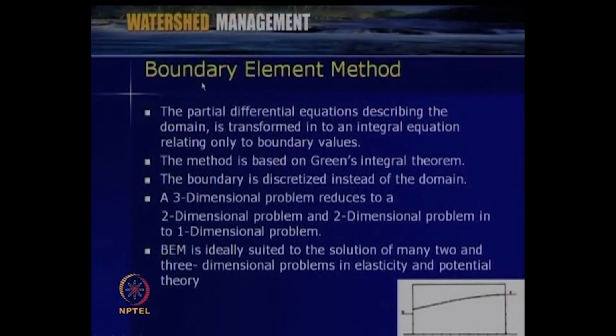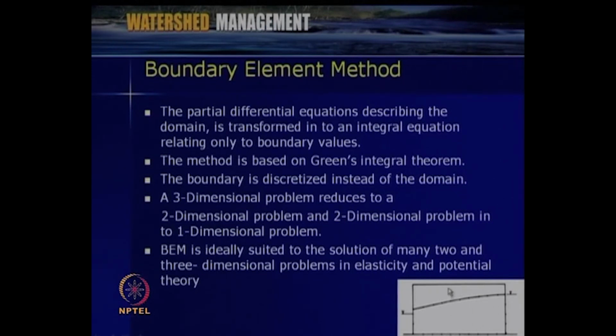Now, the next method which I would like to briefly discuss here is the so-called boundary element method. This is a further development with respect to the finite element method. Here we first discretize only the boundary like this. This is the domain. We consider the elements like this, and initially we discretize the boundary, and then we consider the internal nodes.